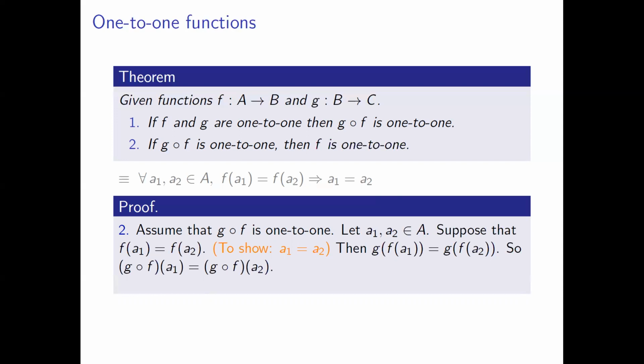Since g of f of a1 is equal to gf of a1, and since g of f of a2 is equal to gf of a2, the previous equation is equivalent to gf of a1 equals gf of a2. Since gf is one-to-one by our hypothesis, we must have a1 equals a2. Therefore, f is one-to-one.